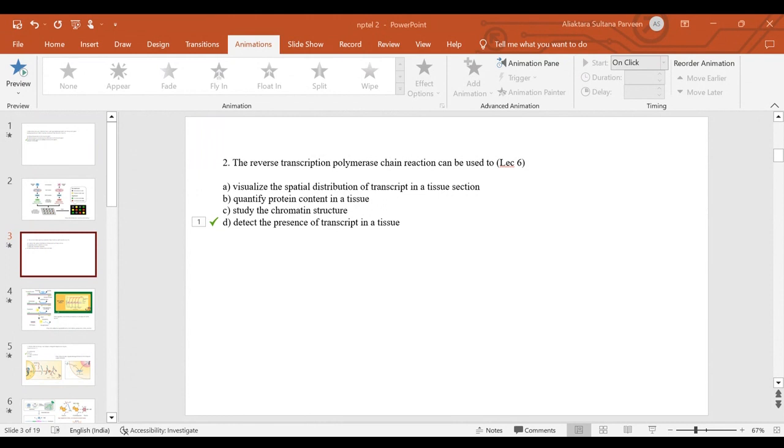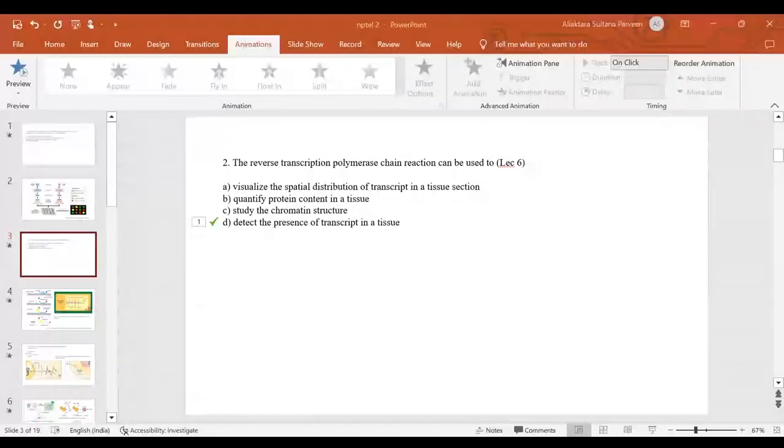Suppose you have different samples, one healthy and another infected. In one of them you may get the signal at a lower cycle number, say within 10 cycles, while in the other you get a higher cycle threshold number.